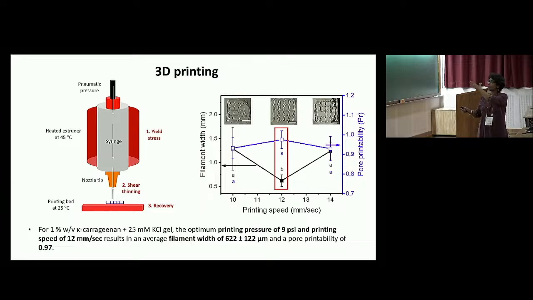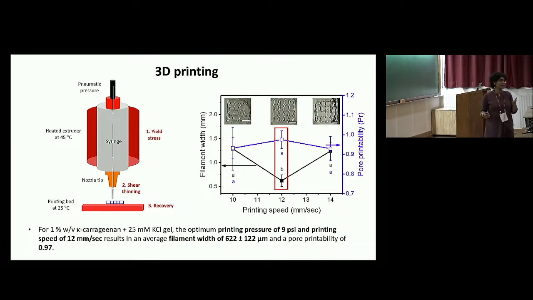So these are examples of one layer of printing which we have done, and we could see that at 12 millimeter per second and at a pressure of 9 psi, we could get a filament width of around 622 plus minus this, and a printability of 0.97.